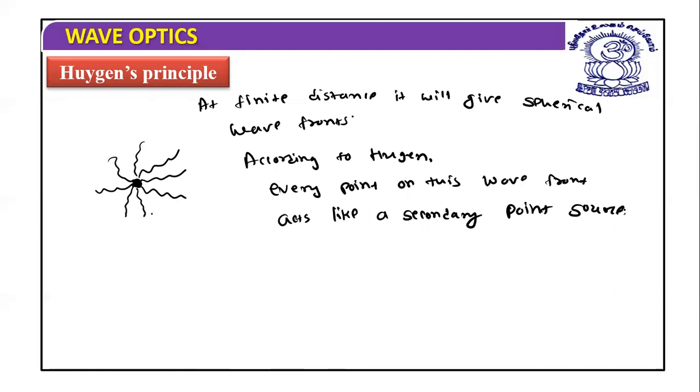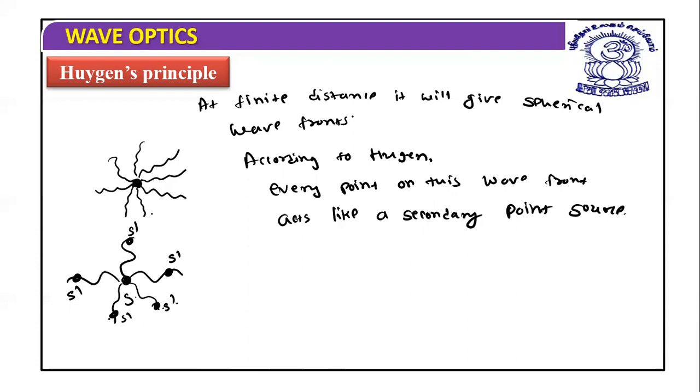Let us understand this with a diagram. This is the point source. It emits primary waves. Every point on this primary wave acts as a secondary source. Let's say it is S dash. It will individually behave as a source of light.